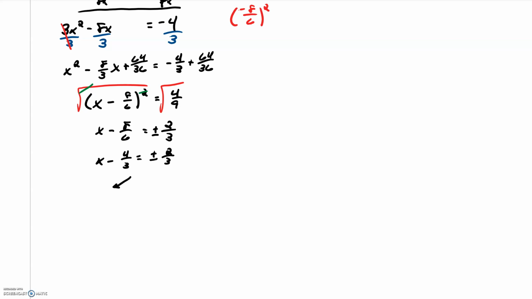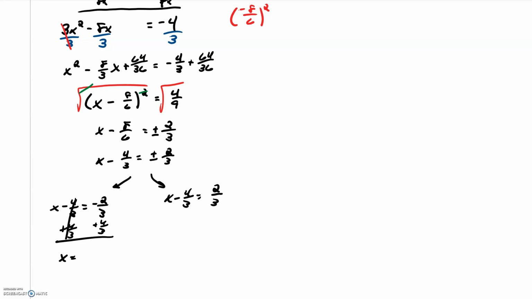Here's where I break it up. x minus 4/3 is equal to negative 2/3, and x minus 4/3 is equal to positive 2/3. Now I'm going to add 4/3 to both sides in both of these. 4/3 cancel on the left.